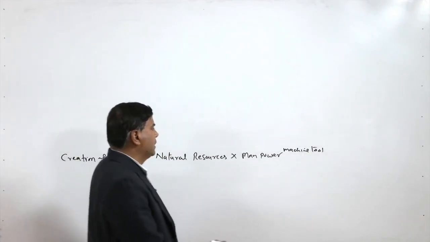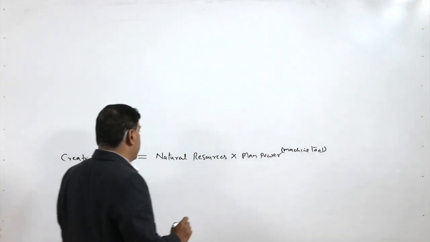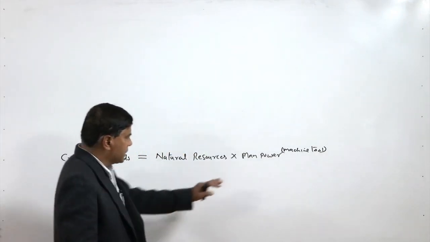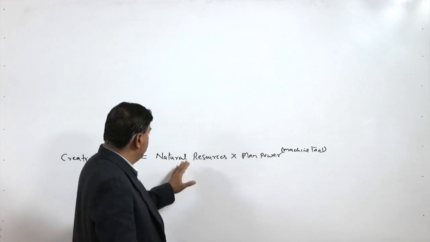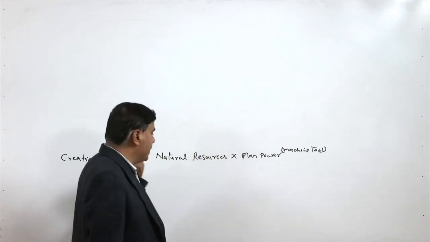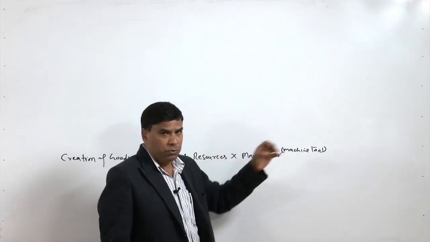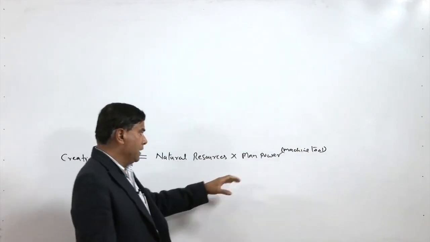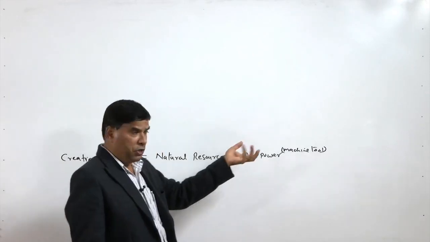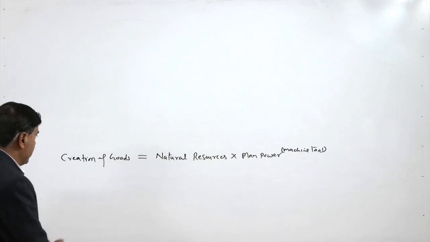So, this is expressed as a power of the manpower. If we just take this off, the natural resources multiplied by manpower will help us produce a larger volume of goods, but when the machine tool is brought into the picture, it increases the capacity of the human being to produce more using the given volume of resources.